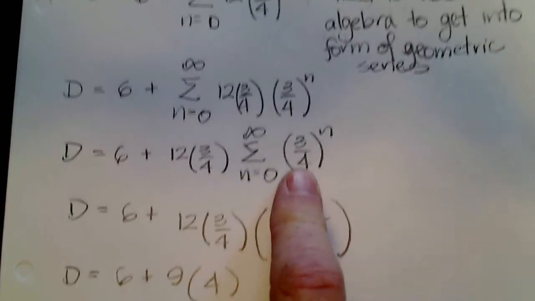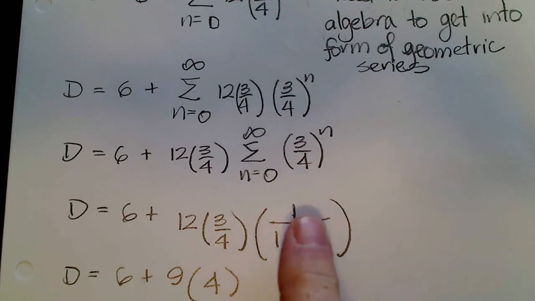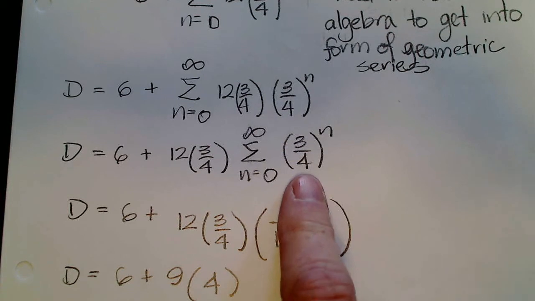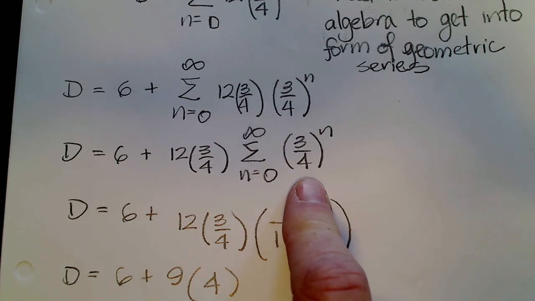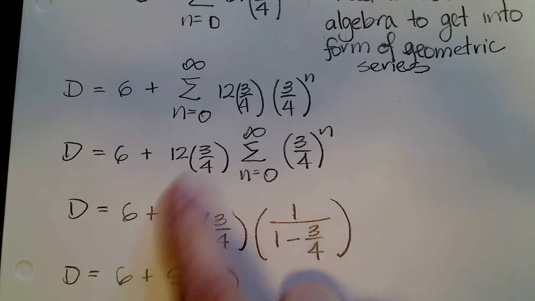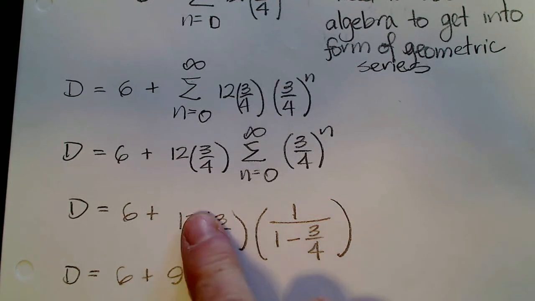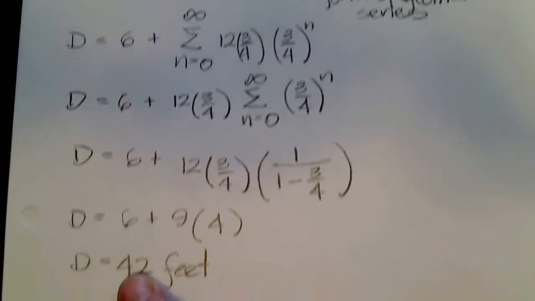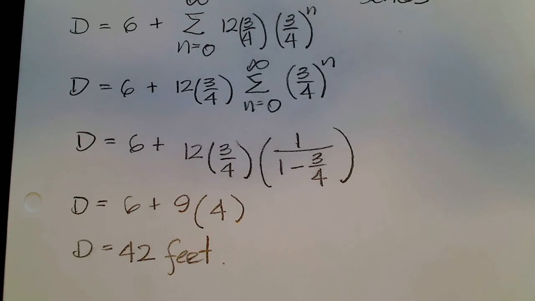And because 3/4 is less than 1, it's going to converge, and it's going to converge to a times 1 over 1 minus r. Here my a is 1, and then I have 1 minus r. I have that 12 times 3/4 out front. Well, this all simplifies down to 6 plus 9 times 4, which ends up being 42 feet. And that is how you apply a geometric series.